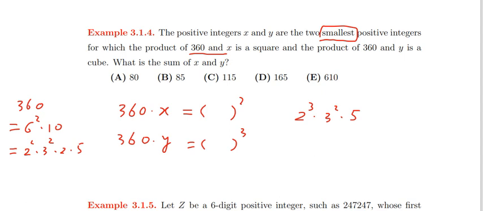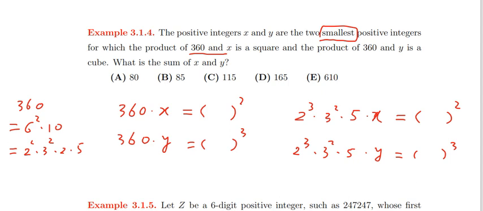We have this number multiplied by x equal to some number squared, and 2 cubed, 3 squared, 5 multiplied by y is some number cubed.